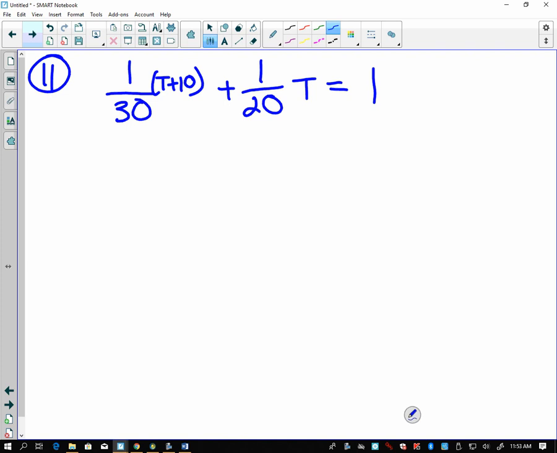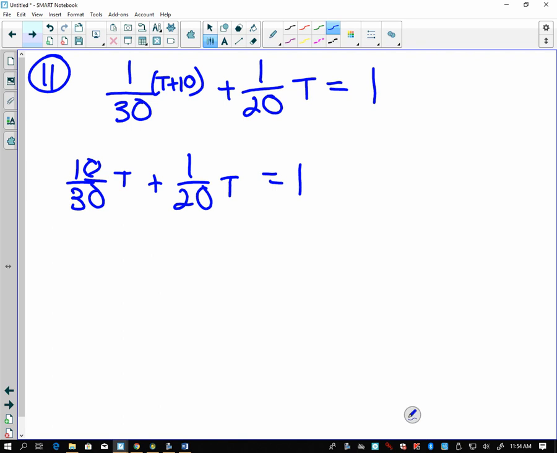1 job. Okay, so we'll distribute the t plus 10. That's going to give me, let's see, 10 over 30, plus, t plus 10, so you're going to get, okay, we got our 1 over 20t, and our 10 over 30t, equals 1.